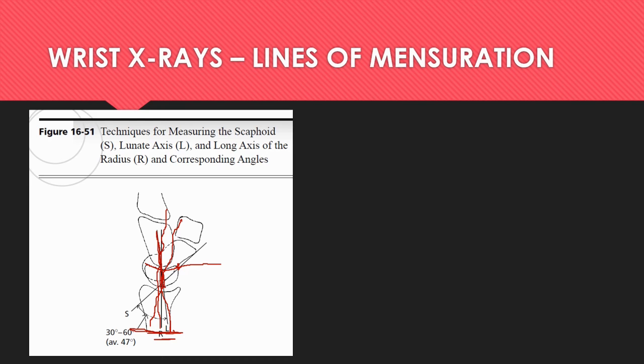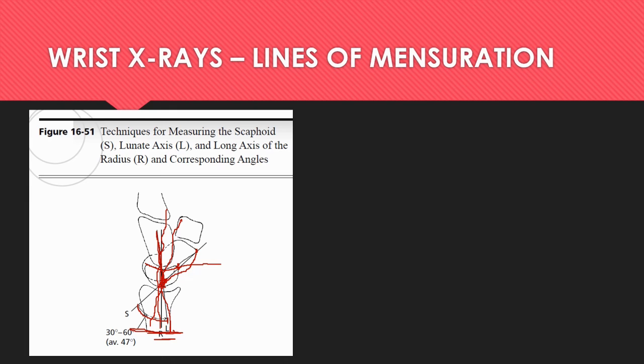Then, to assess the scapholunate angle, you're going to draw a line on the volar surface of the scaphoid, measuring from this pole down through this pole here, and constructing your line and measuring this angle here, which should be somewhere between 30 and 60 degrees.